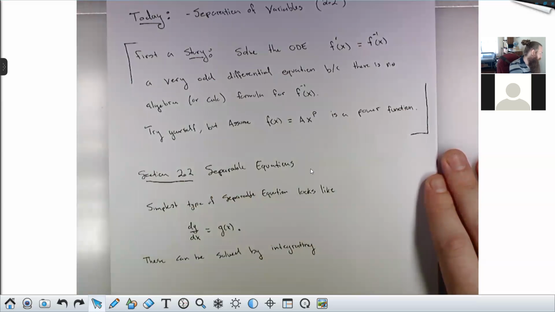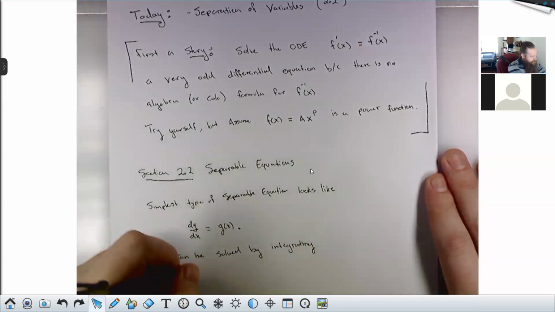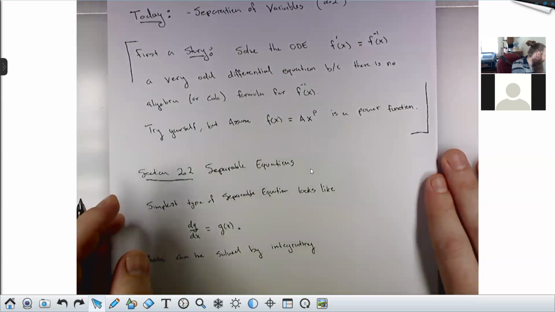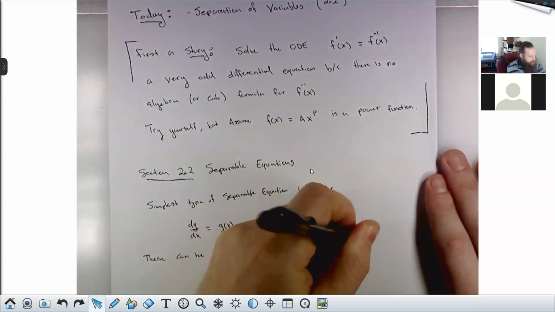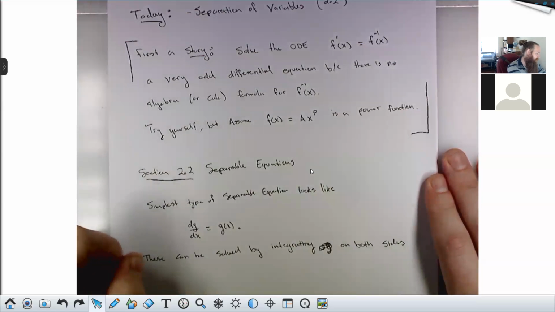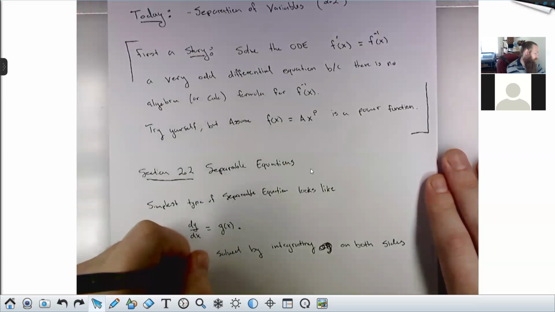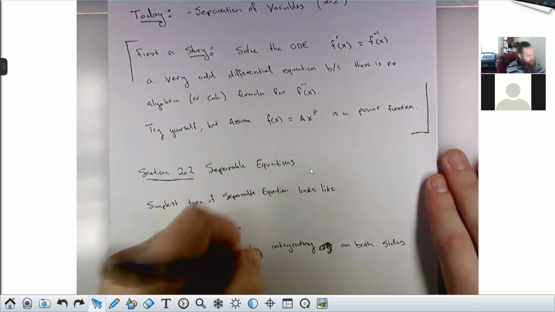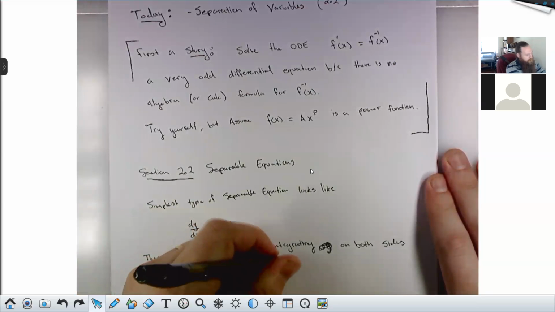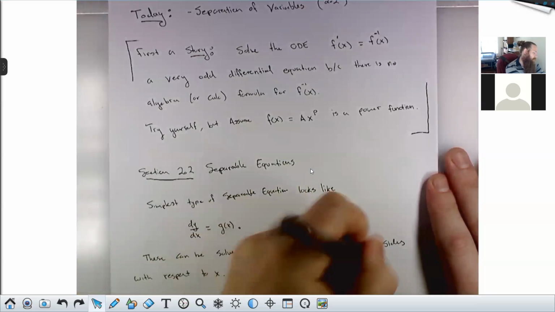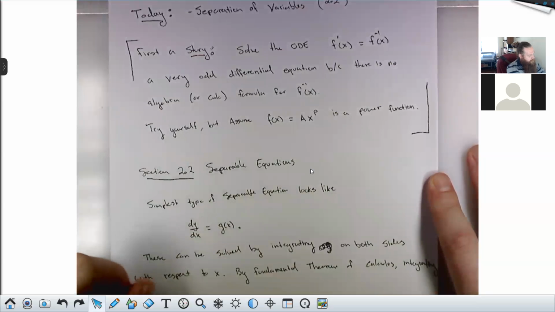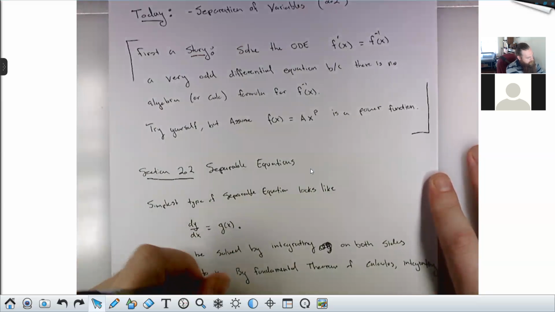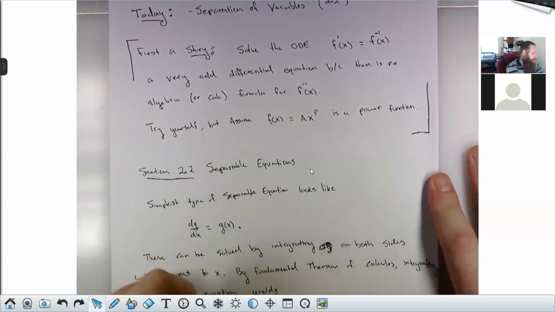If you integrate on both sides here, by the fundamental theorem of calculus, integrating the equation above with respect to x yields y equals the integral of g of x dx.